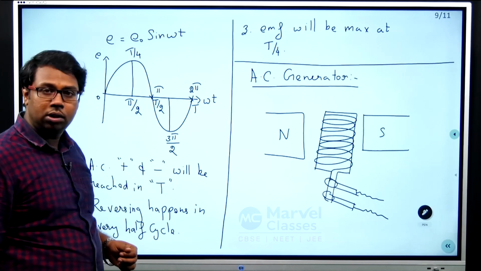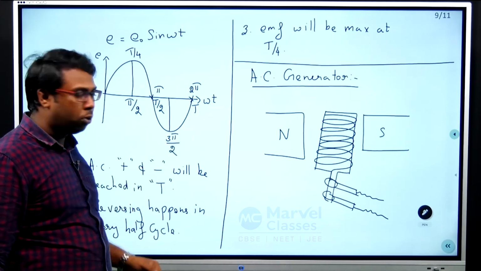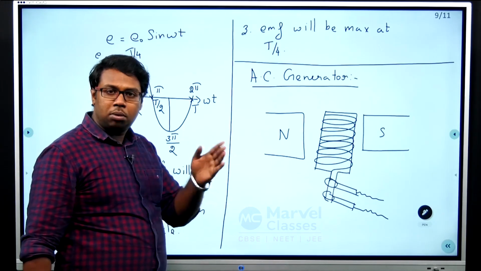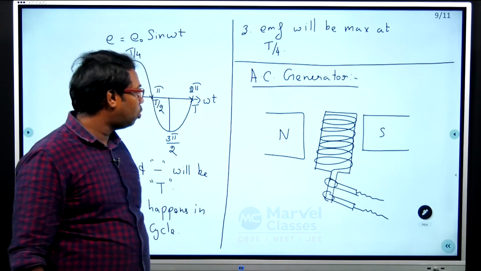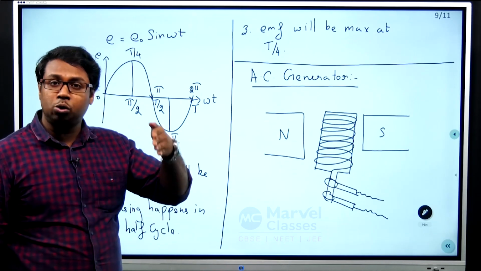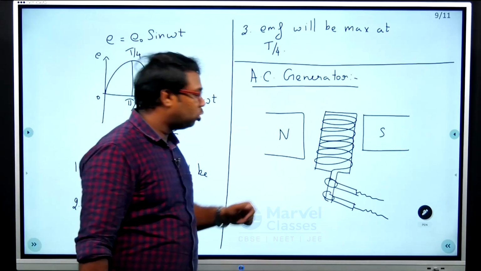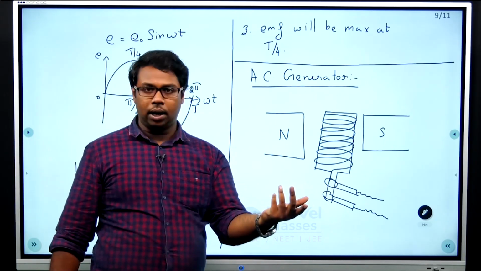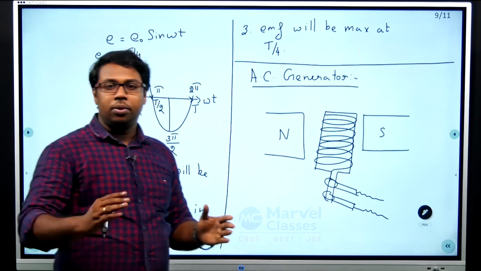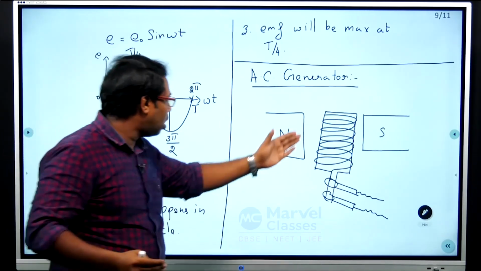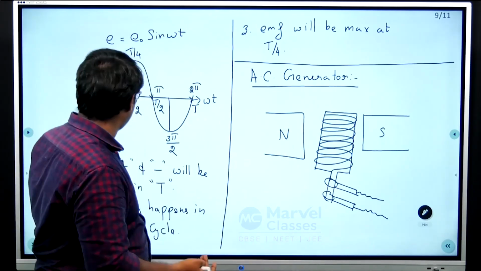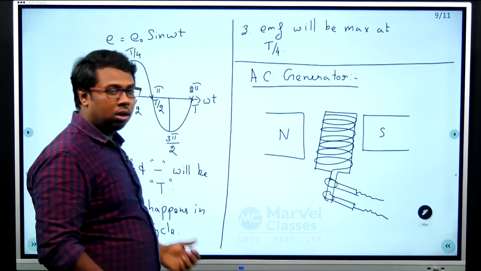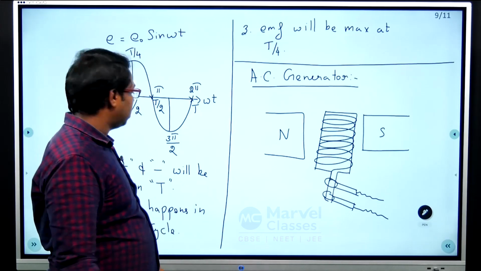The armature coil is placed between two polarities of your magnets so that you can produce a constant magnetic field between these two poles, which passes through the armature coil. And if I try to rotate that, the magnetic field linked with the armature coil keeps changing with time, as I have indicated in this particular graph, in this sine wave.